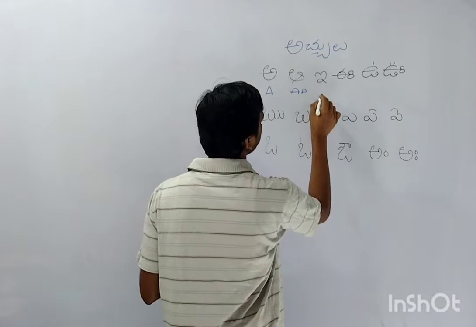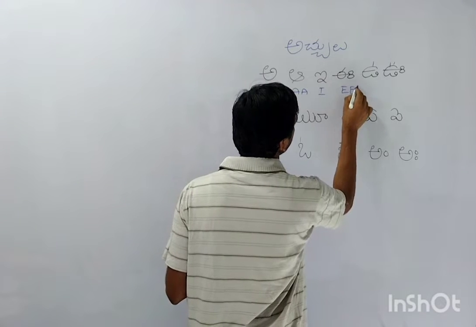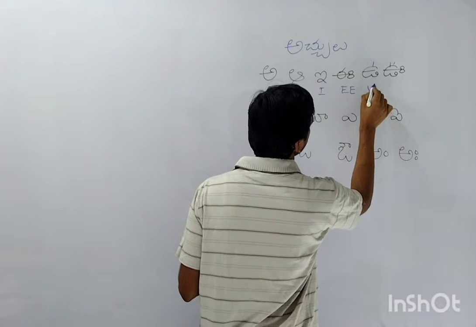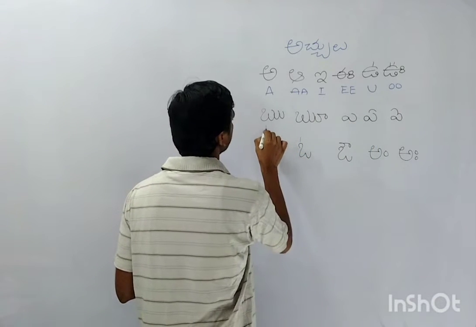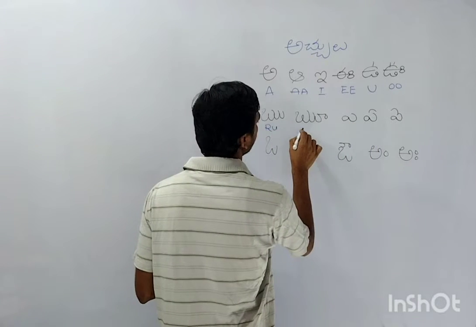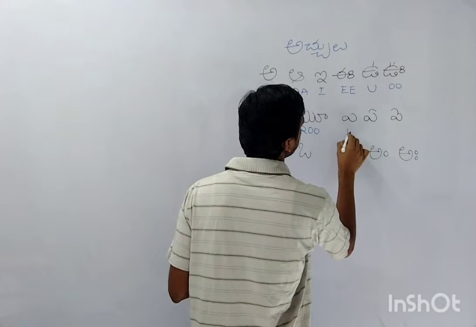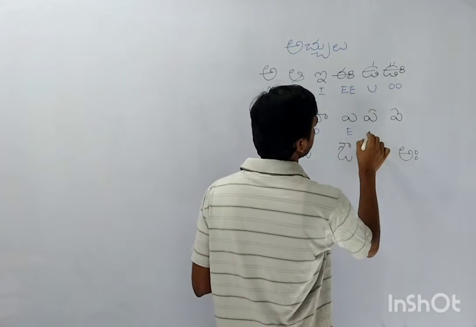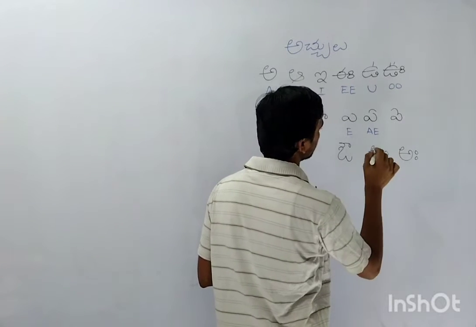A. E, I. E, double E. U, just U you can write. U, double O. Ru, R-U. Ru, R-O-O. A, you can write A. A-E. A, you can write the sound.